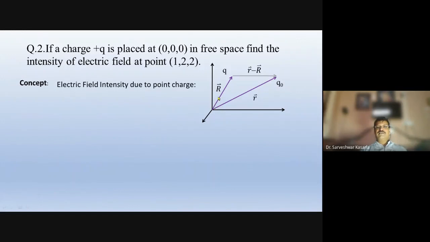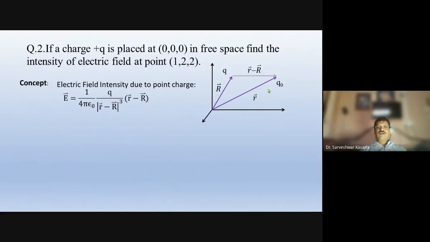Capital R is the position vector of the charge q, where charge q is situated, and small vector r is the position vector of the point where the intensity is to be found. So E is equal to 1 upon 4 pi epsilon 0 q upon magnitude of r minus R cube into the vector r minus R.